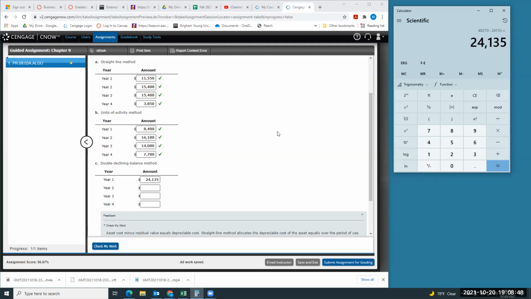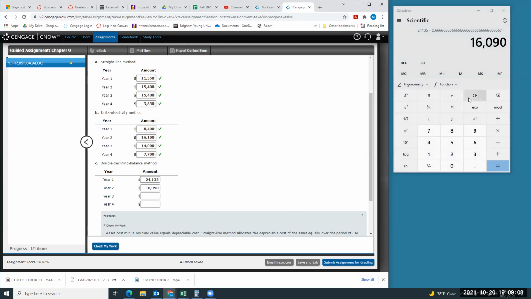So now to figure out the amount of depreciation expense for the second year, we're going to multiply that by our rate. And that gives us $16,090. There's our depreciation for the second year.